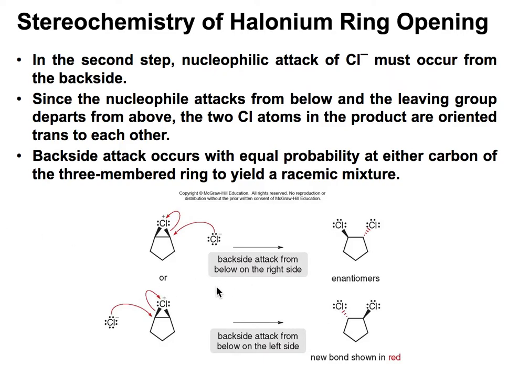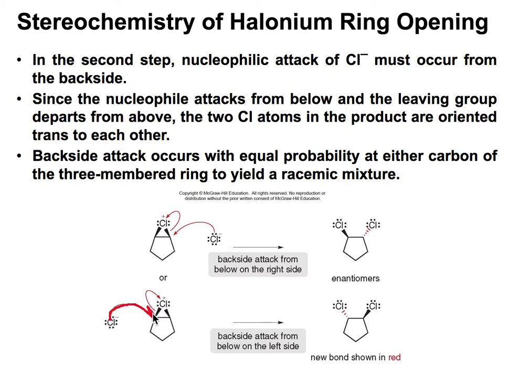So this is exactly what I was talking about. You see here we have the chloronium ion pointing up, and it will be attacked from the bottom. And so this is how I will get the Cl on the top and then the Cl from the bottom.